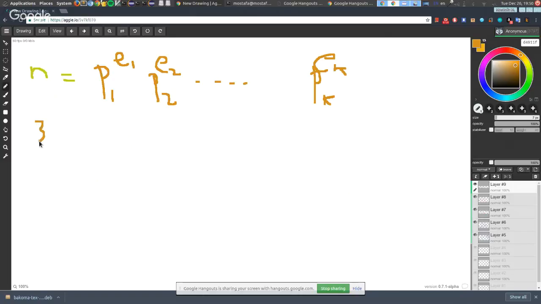For example, 30 we can factorize as 2 power 1 times 3 power 1 times 5 power 1. Then 51 is 3 power 1 times 17 power 1.